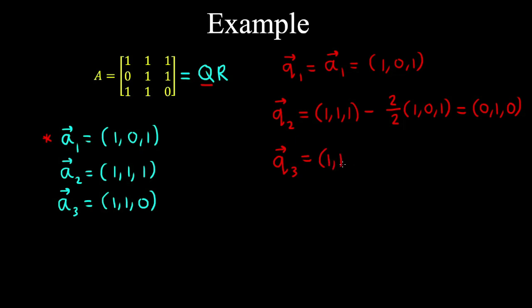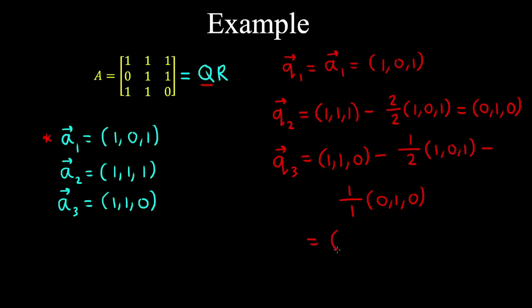So we have A3 minus the inner product between A3 and Q1, which is 1, over the squared norm of Q1, which is root 2 squared, in the direction of Q1, and minus the inner product between A3 and Q2, which is 1, over the squared norm of Q2 in the direction of Q2.